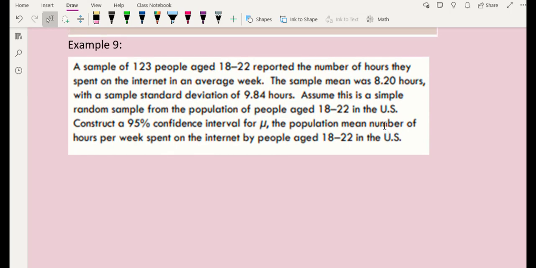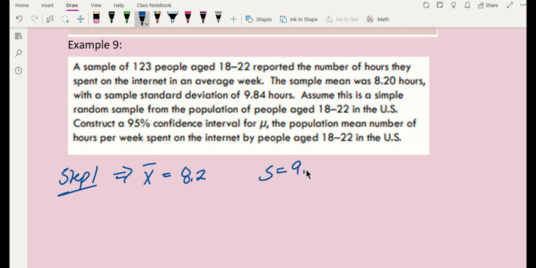So step one, our information that we know is our sample mean is 8.2, and our sample standard deviation, we're doing a sample standard deviation now, is 9.84.